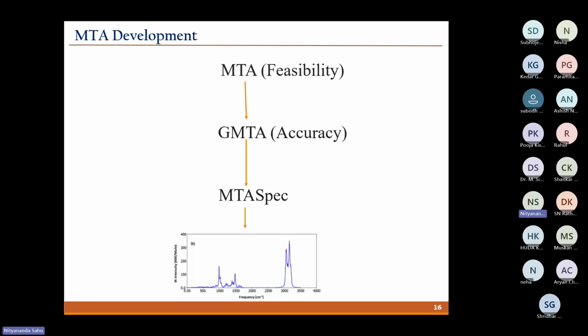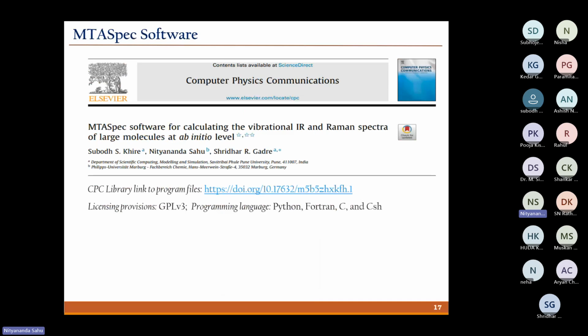Okay, and then the next development is MTA Spec, which is actually a software already available in the public domain that uses the utility of MTA and GMTA. That means MTA Spec gives you both feasibility as well as accuracy in doing the high level calculations of large systems using very less hardware.